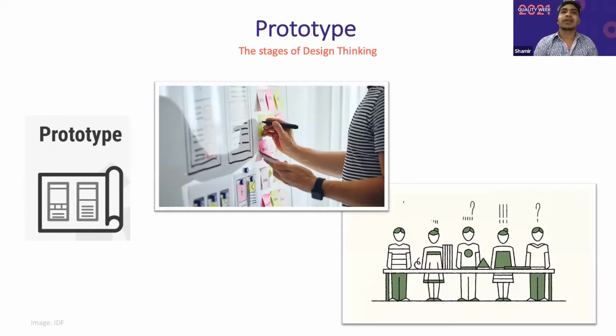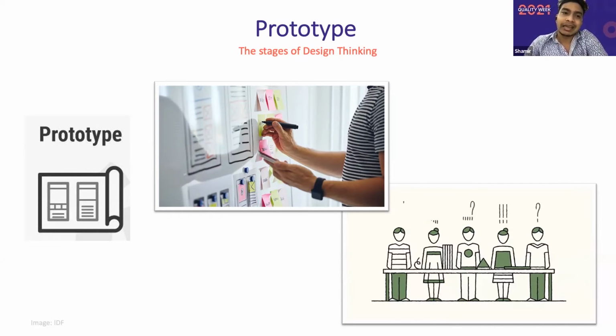So when you say prototyping, when you are running a design thinking process, it's based on the ideation stage, right? So when ideas are being voted and selected, like I said, from a team, or even handpicked, the best idea we have to go with, we do it as a prototype.